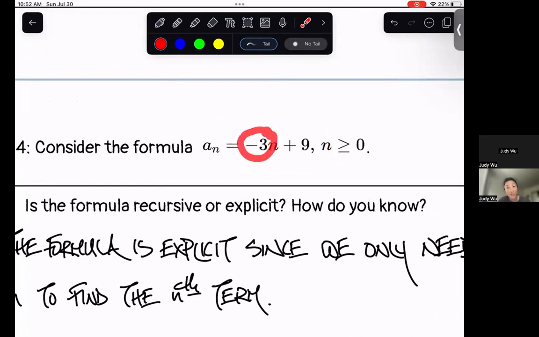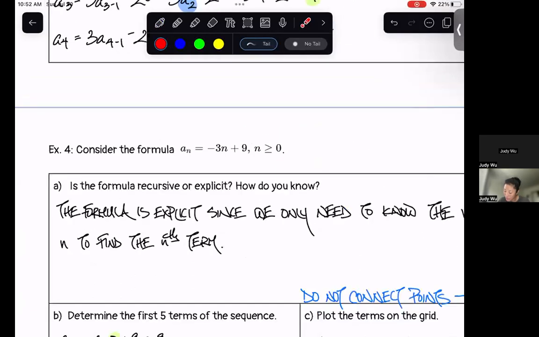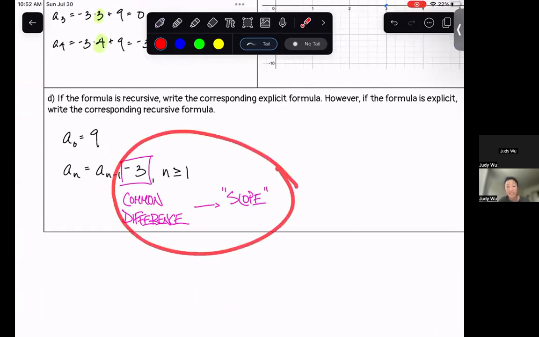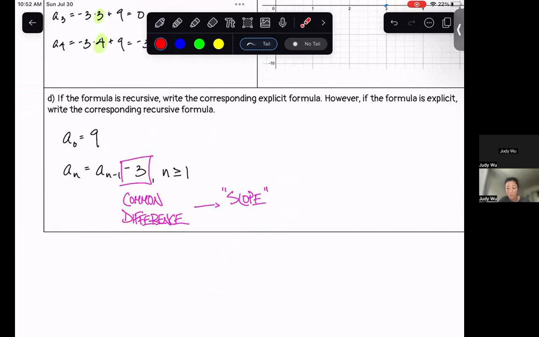Our m is 3, our b is 9, or our y-intercept is 9, and our slope is -3, right? So it turns out this slope is exactly what we call a common difference in our recursive formula. All right. So that's what we have for example 4.